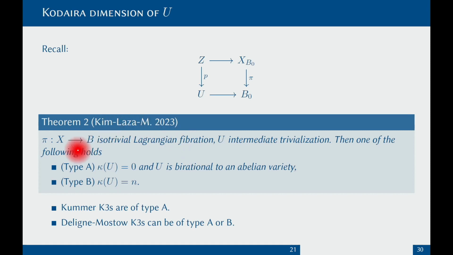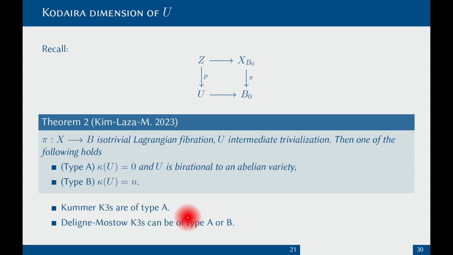You can think of that as being some type of Matsushita alternative, right? A lot of hyper-Kähler geometry is basically saying things come in some type of discrete way, they cannot range over the whole thing. In the Matsushita alternative, either you're isotrivial or you have full variation. So this is a very similar statement to that. The Kodaira dimension cannot be 1 or 2. It has to be either 0 or all the way up to n.